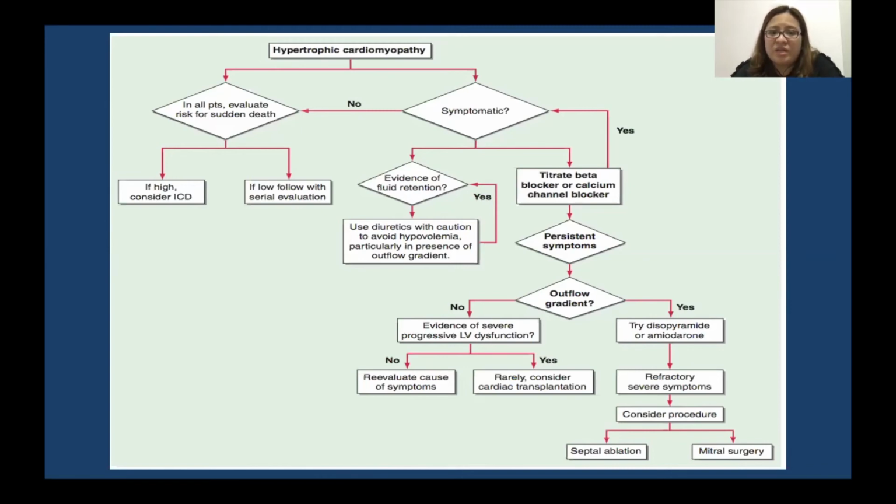But if there is a severe progressive LV dysfunction, the patient is a candidate for cardiac transplantation. If the outflow gradient is significant and severe, you can try giving disopyramide or amiodarone. But if the symptoms are severe and refractory, you consider the patient for septal ablation or mitral surgery.